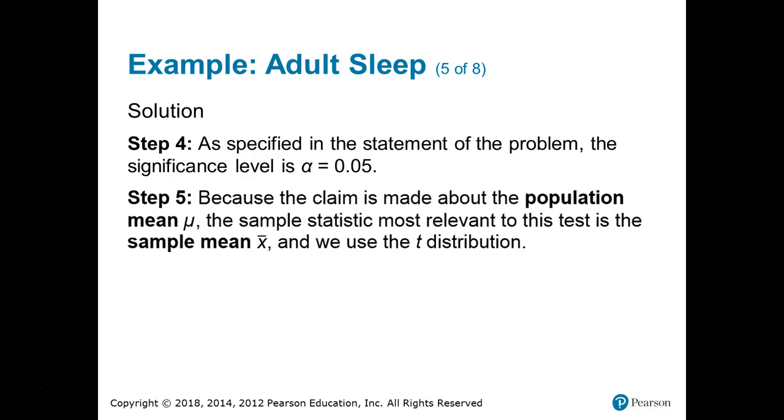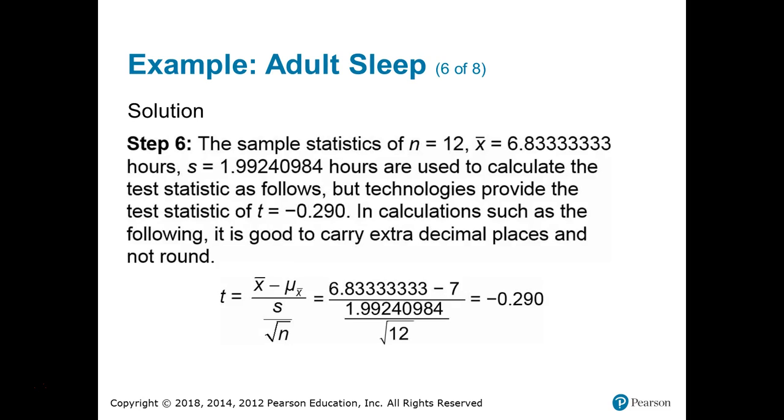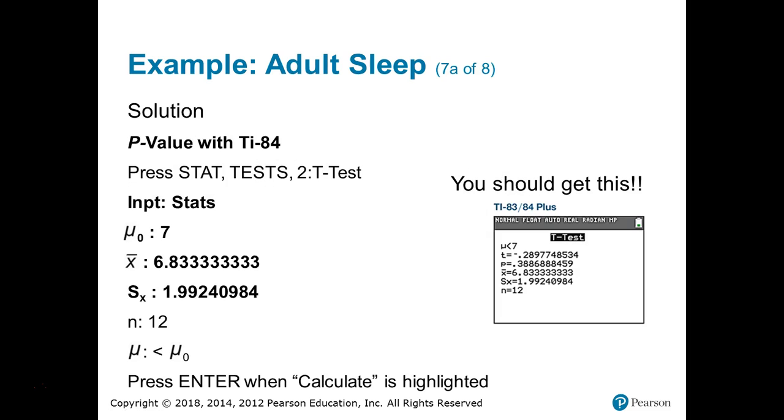We will use a significance level of 0.05. And because the claim is made about a population mean, the sample statistic most relevant is going to be the sample mean, so we will use a t-distribution. A t-distribution has this formula right here. Plugging in our values, we get a t-value of negative 2.90.